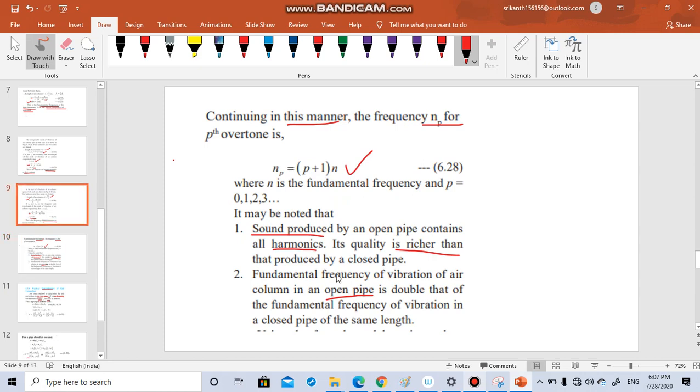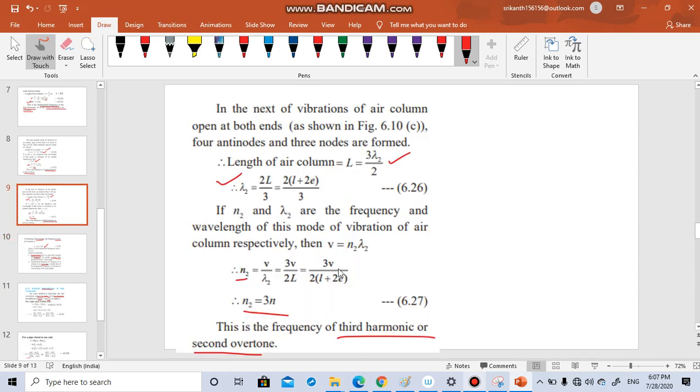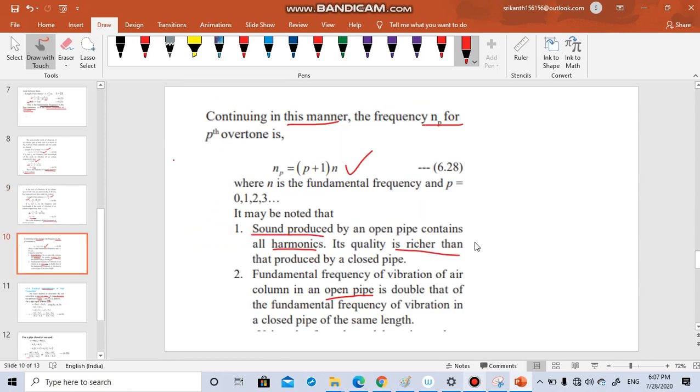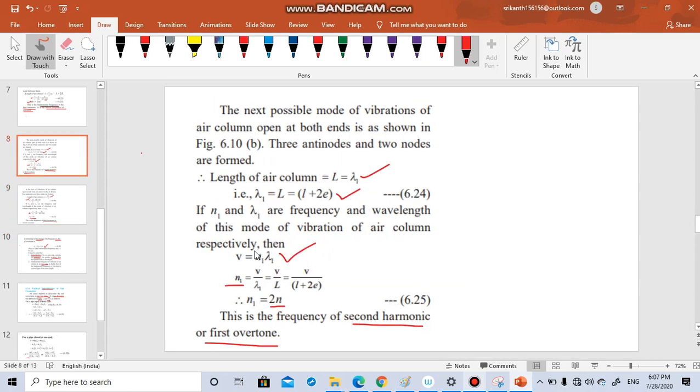Velocity formula you have derived here. How do you get velocity here? Velocity will be equal to corresponding lambda into corresponding frequency. Here you see n1 is equal to 2n. So what will the formula become? 2n into lambda 1.